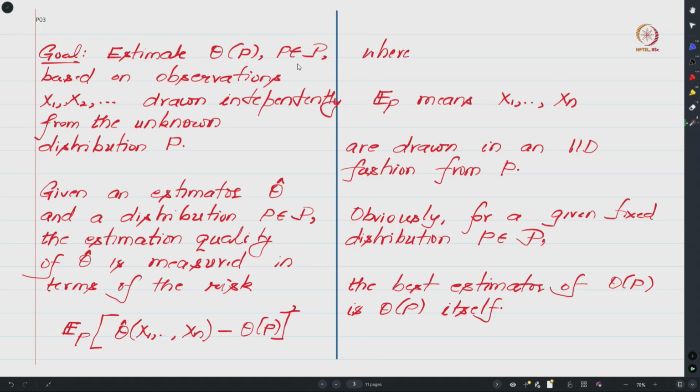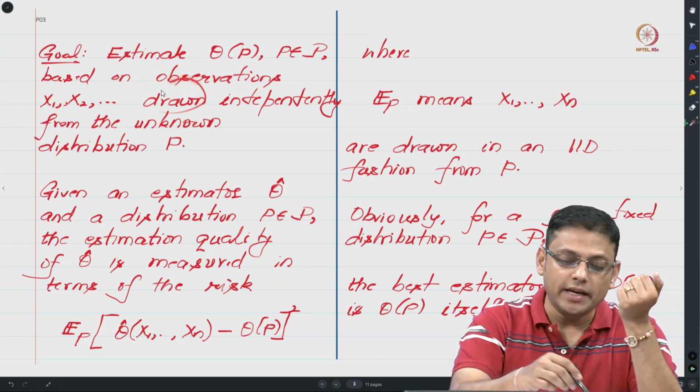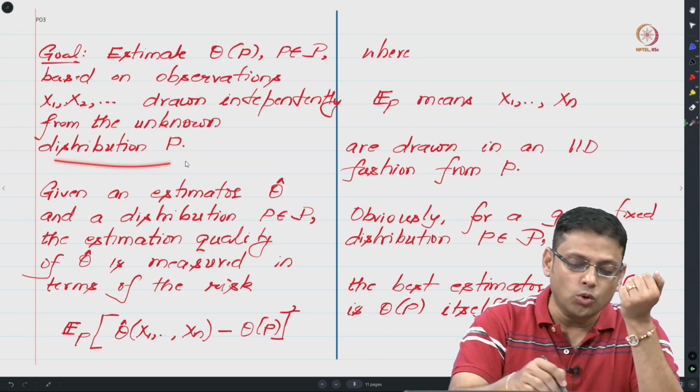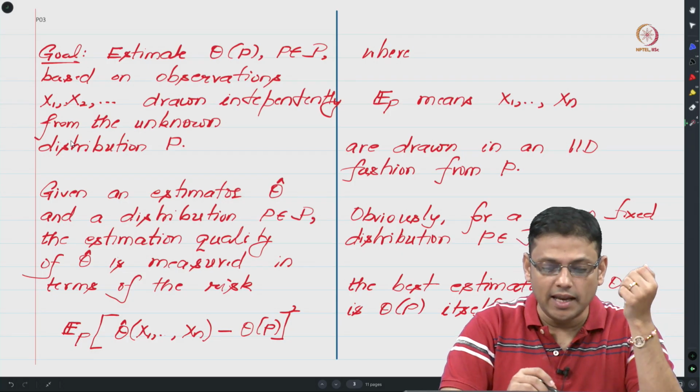However, the challenge is that instead of being given access to P, what we are given access to are observations that are drawn independently from this unknown distribution P. So let me elaborate again.